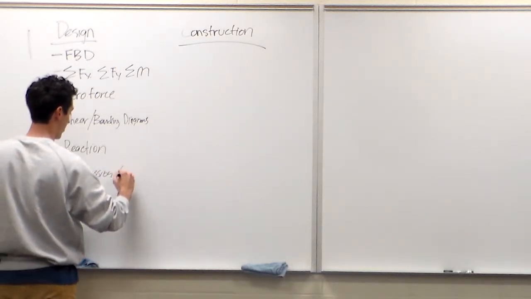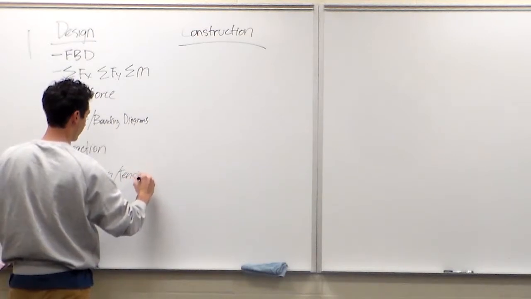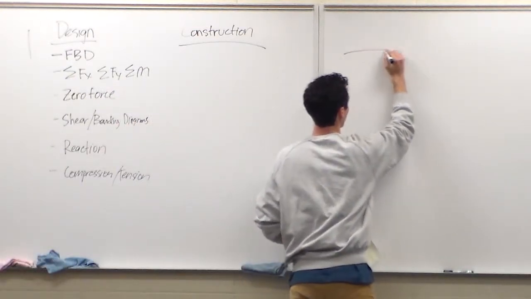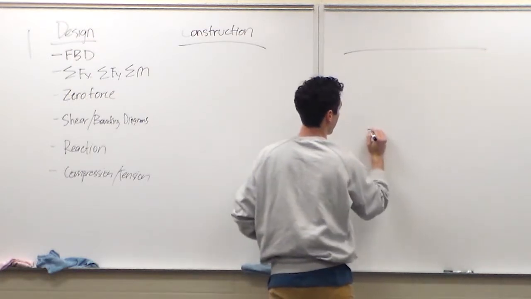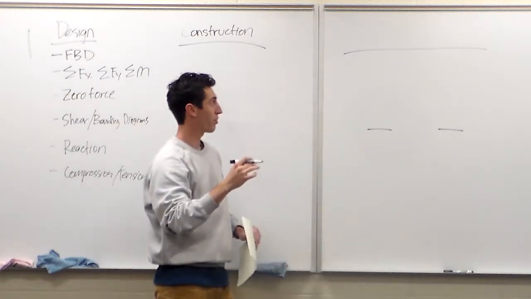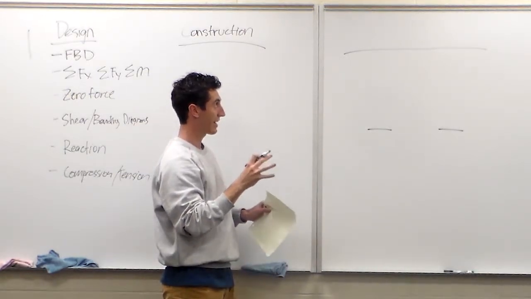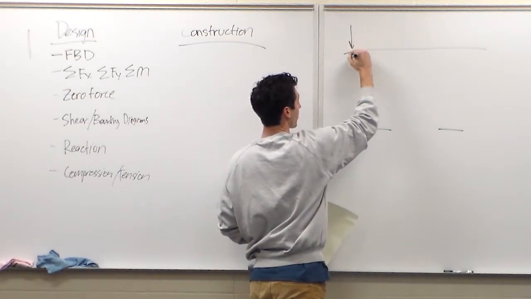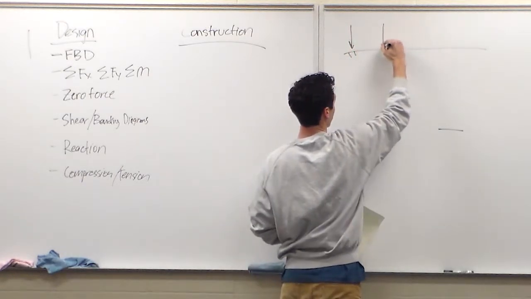and then I will add compression, tension. Okay, so if we draw a bridge, we have it across the top, and then we have two bases on the bottom. The most important part of design and construction is that these loads meet where your beam comes up here, okay?